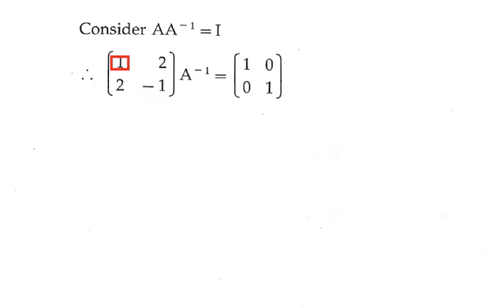The next step is that we have to convert this 2 into 0. Now this 2 lies in the second row. Because of that, we will change the second row by using the first row, because in the first row this 1 is now fixed. So check when the value 2 will become 0. The value 2 will become 0 when we subtract 2 from 2, and for that subtraction we will use this 1.